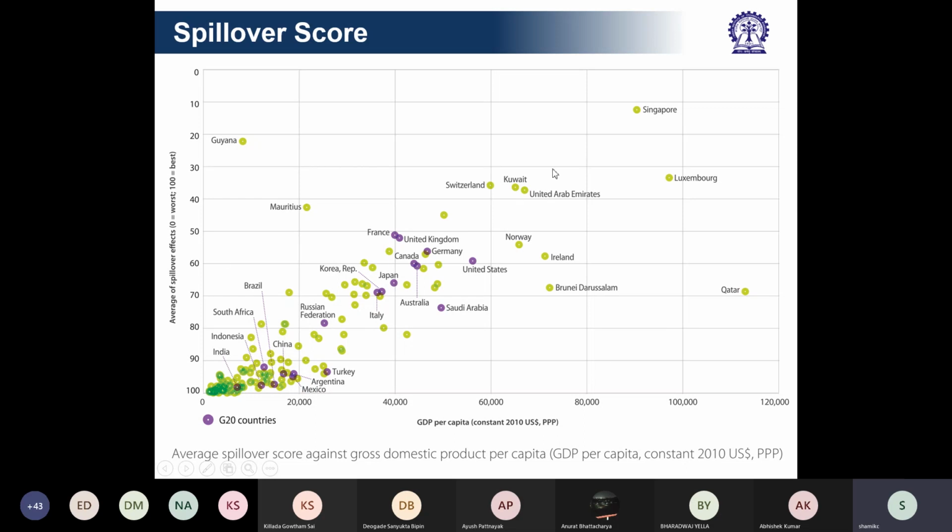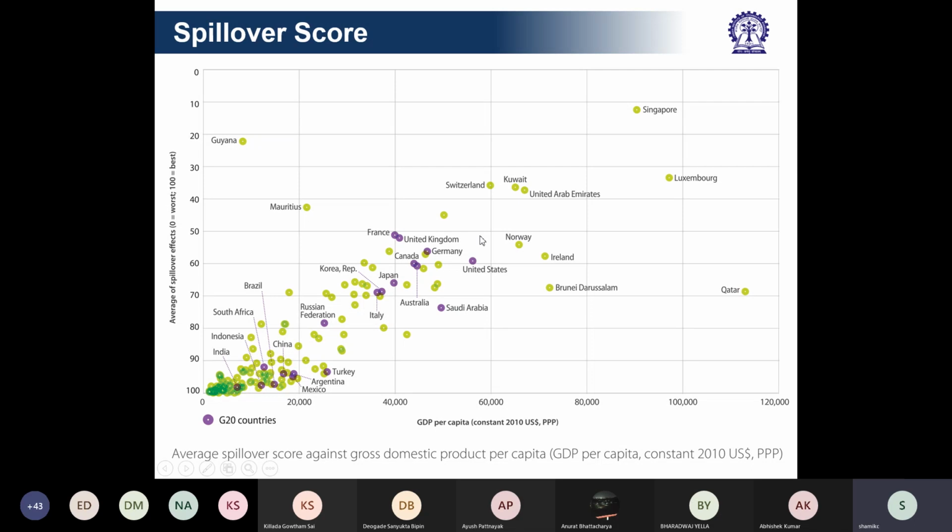What you need to understand from this is that these countries which have a good spillover score, their actions or their measures to achieve the SDGs do not have much negative impact on the surrounding nations. That is why their spillover score is good.